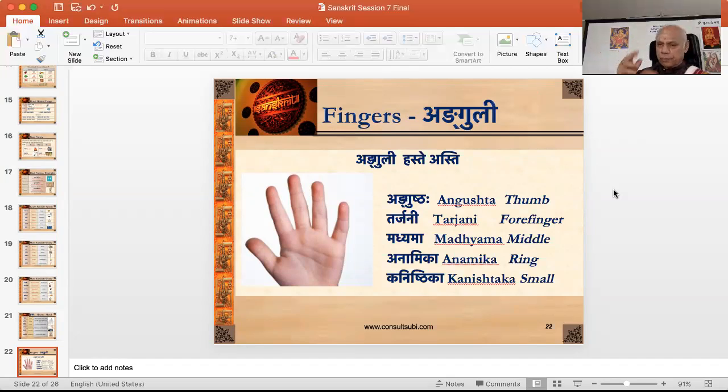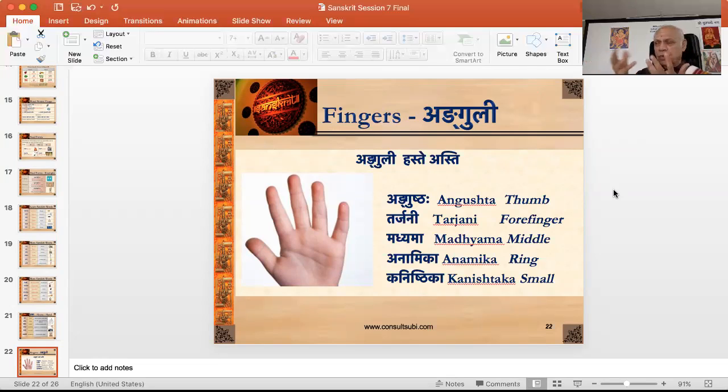Now when you do rituals, there is something called Nyasam. You invoke the various deities in the fingers and parts of the body. So at that time you use the fingers. Angushtabhyam namaha, Tarjanibhyam namaha, Madhyamabhyam namaha, Anamikabhyam namaha, Kanishtakabhyam namaha.